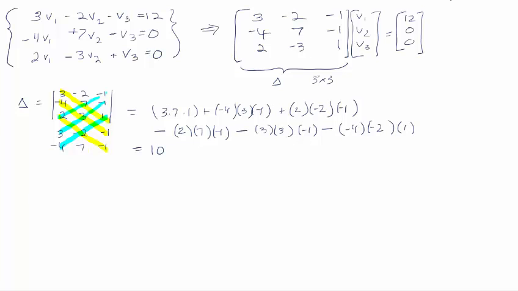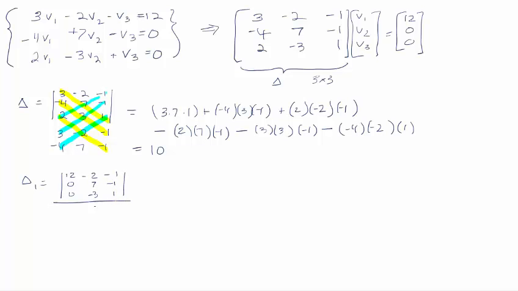And so now you have to do the determinant for each one of the variables that you're trying to find. So determinant 1 equals, and you rewrite it, you take 12, 0, 0, and you substitute it into the first column here to find V1. So I would write 12, 0, 0, minus 2, 7, minus 3, minus 1, minus 1, 1.